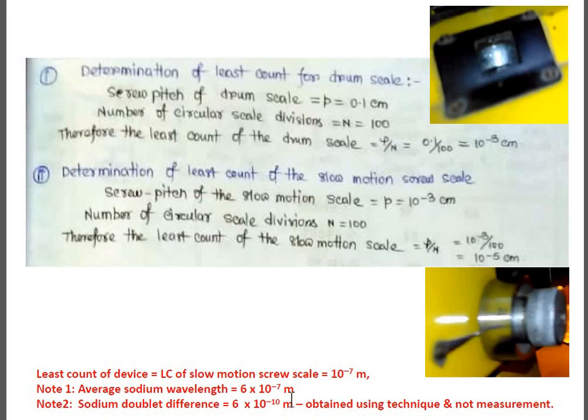And this is one of the things you can take away from today, from this practical, that indeed it is possible using some particular technique to do a measurement of a physical quantity below the least count of the measuring instrument. Okay, so you must remember this. This is one of the takeaways from this particular Fabry-Perot practical.